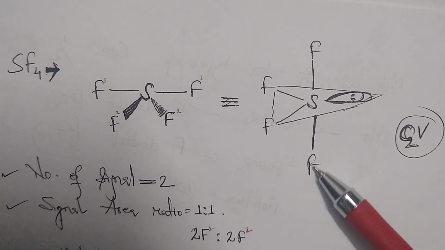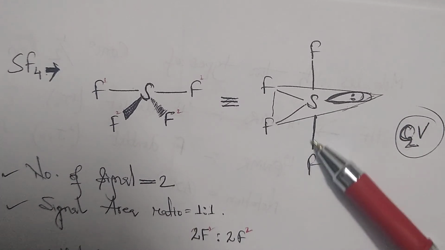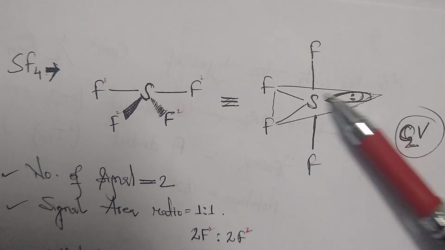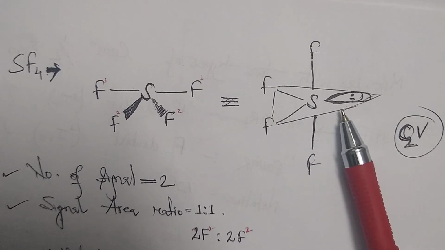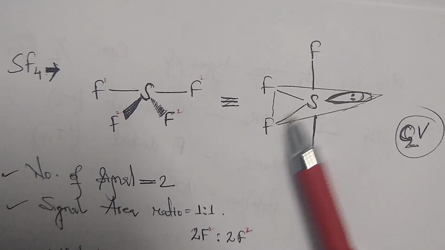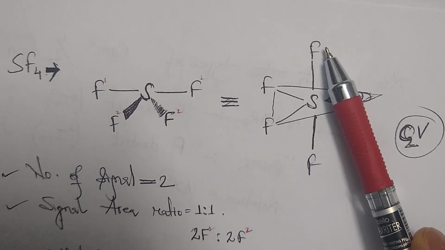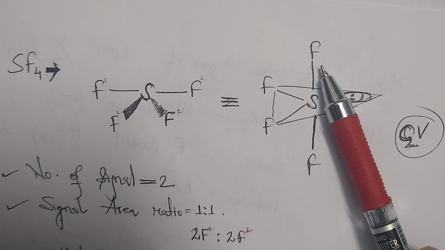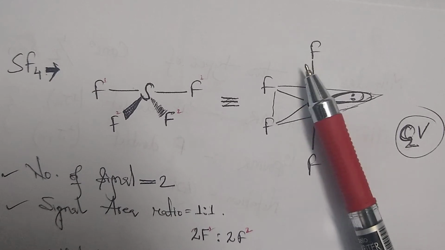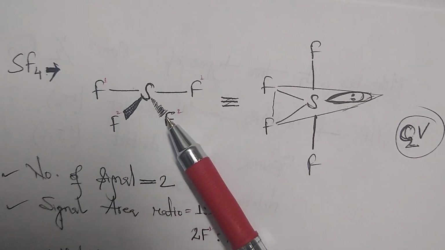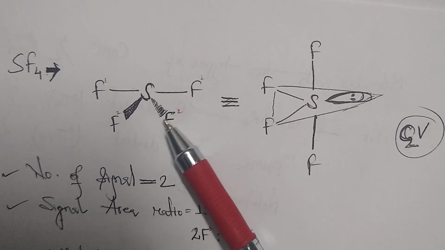Similarly, if we consider this fluorine and look upward towards the trigonal plane, we will be able to see the lone pair and 2 fluorines at the different corners. That is exactly what we have seen from the above equatorial fluorine in this structure. So here the fluorines are numbered 1, and this fluorine is numbered 2, which lies in the equatorial position.